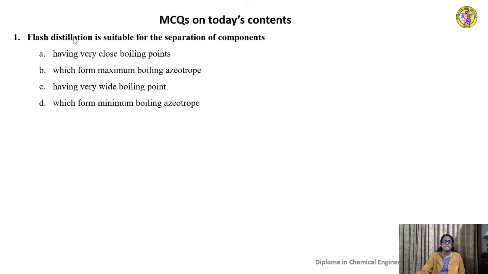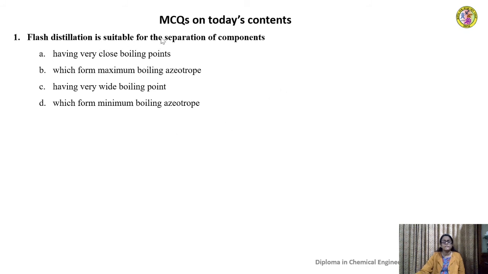See, flash distillation, batch distillation, or continuous rectification are the common methods of distillation. So these can be applied only for those systems having a wide boiling point difference between the components. If you are dealing with azeotropic mixtures or mixtures with close boiling points, that is, for which the relative volatility is very low, then you have to take up a special kind of distillation method like azeotropic distillation, steam distillation, or extractive distillation.